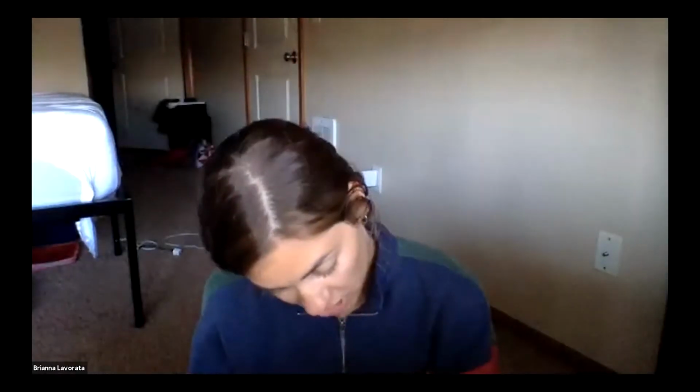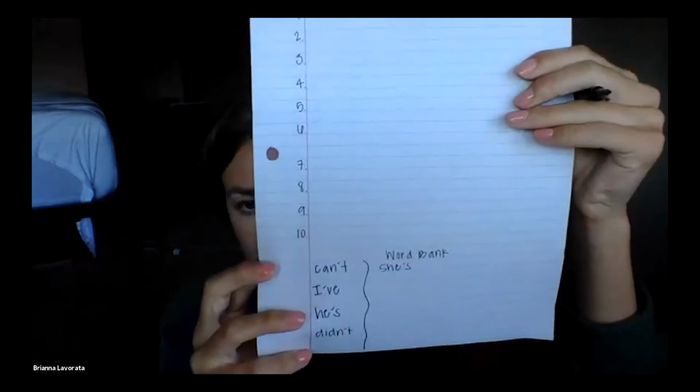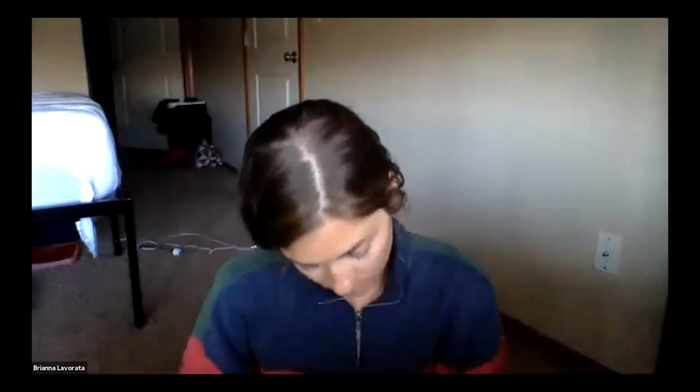You're gonna write the word she's, like she has, she's. Okay, so we have the word can't, I've, he's, didn't, and she's. Now you're going to write the word I'm.